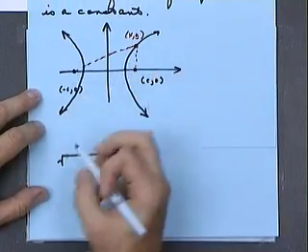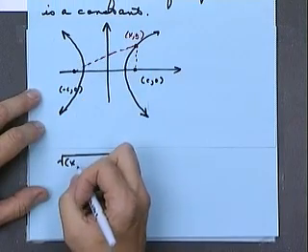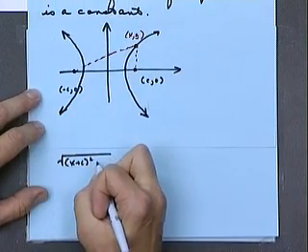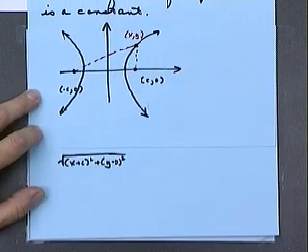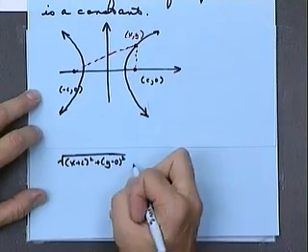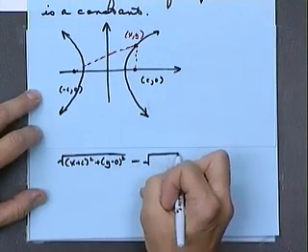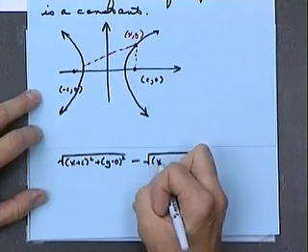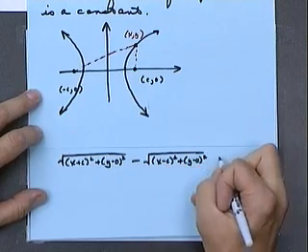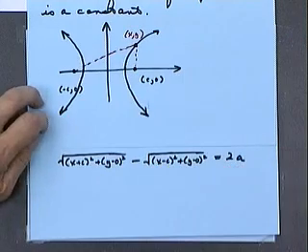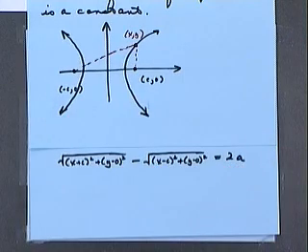From (x, y) to negative c0, there's the distance between those 2 points, minus this other distance, and that is constant. Again, we'll set that constant equal to 2a.